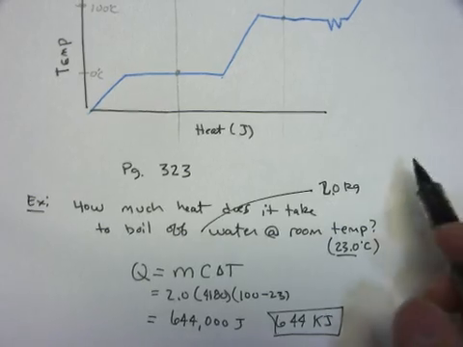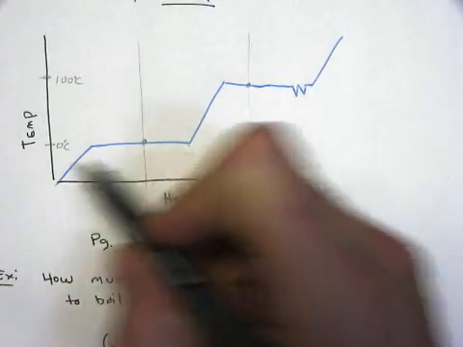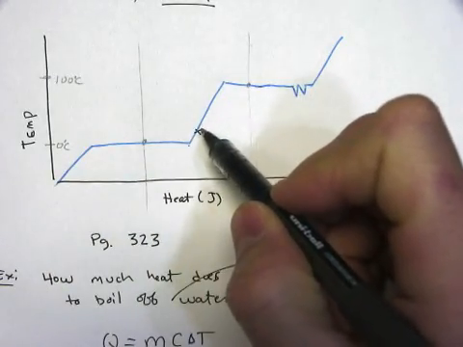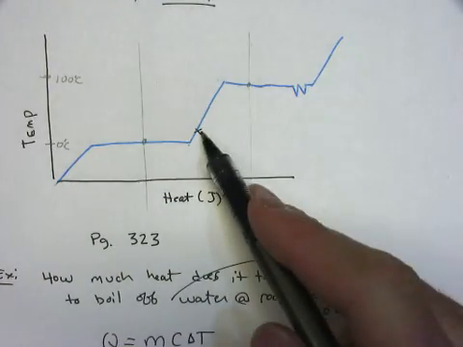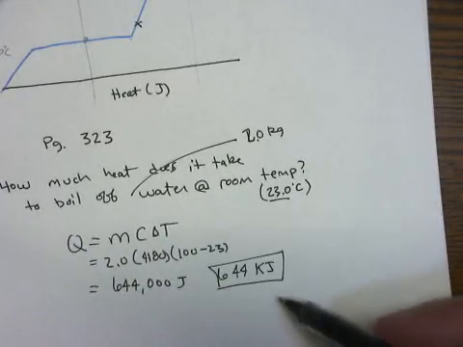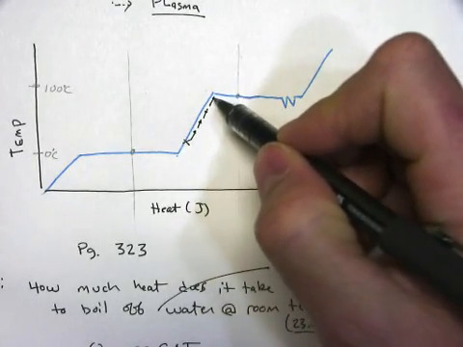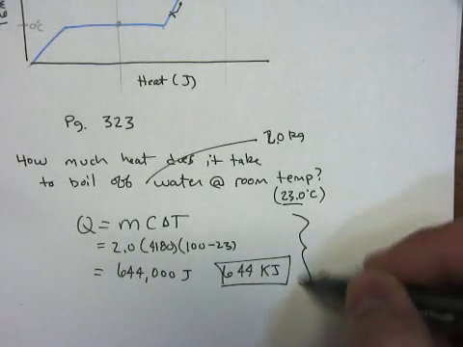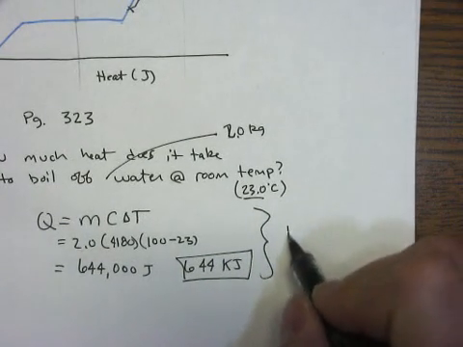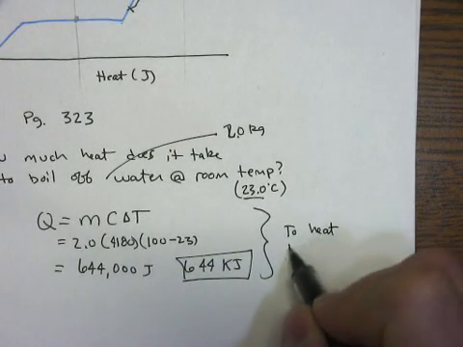You'd be in fact wrong, because check this out. This is my phase diagram. I'm starting with water right here. That water is 23 degrees. This 644 kilojoules, that's how much energy it takes to make the water boil. So this energy is the energy it takes to heat water.